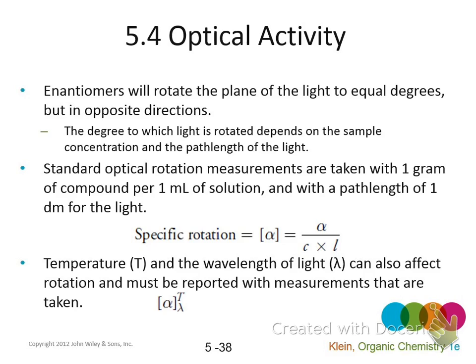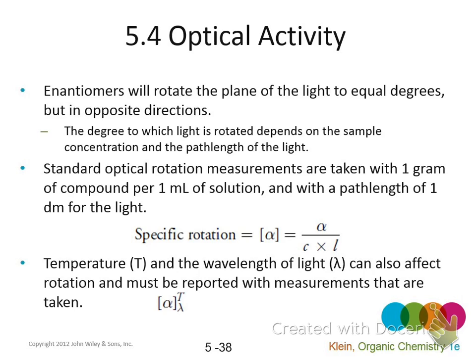Now, sample concentration is important in the way the light rotates. If you have more material dissolved, then the light will rotate more because it interacts with more molecules as it passes through the solution. How far the light travels through the solution also determines how far the light will rotate.